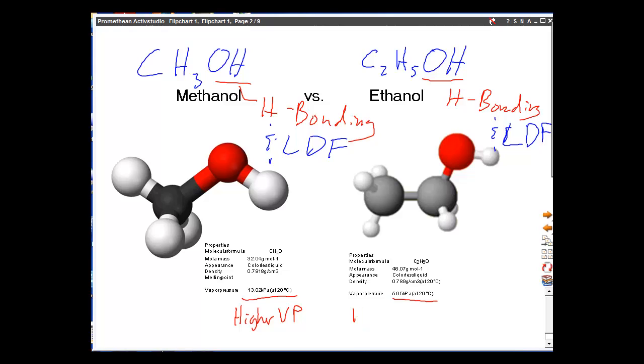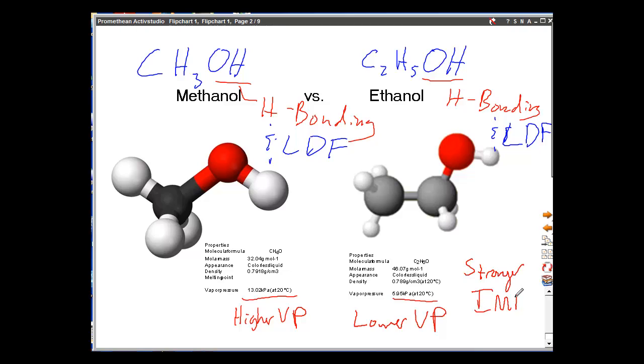So the lower vapor pressure of ethanol is because ethanol has stronger IMF than methanol. Now think about why that might be.